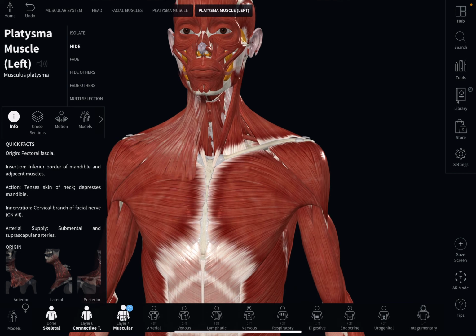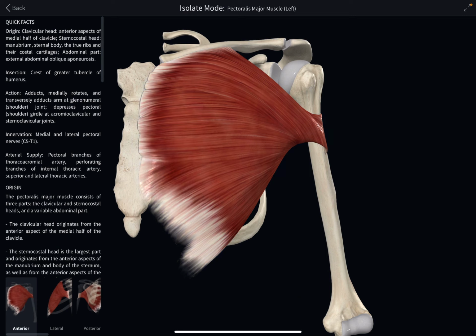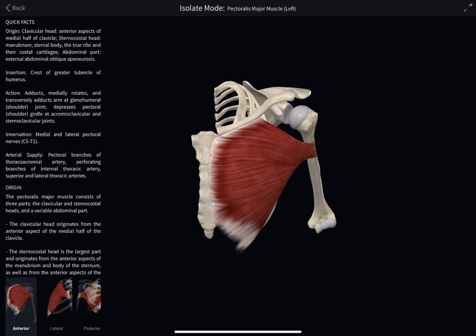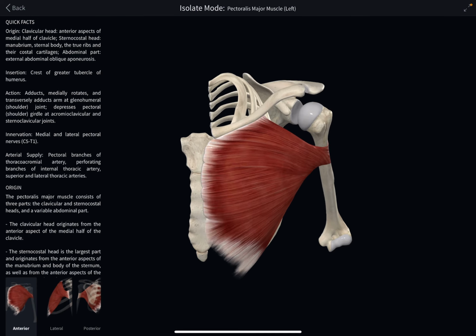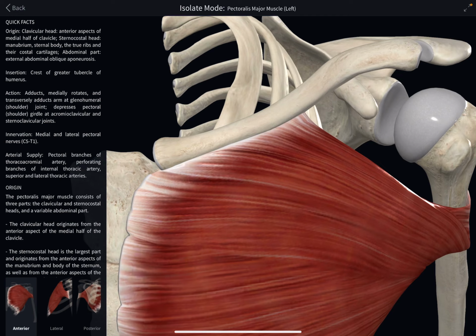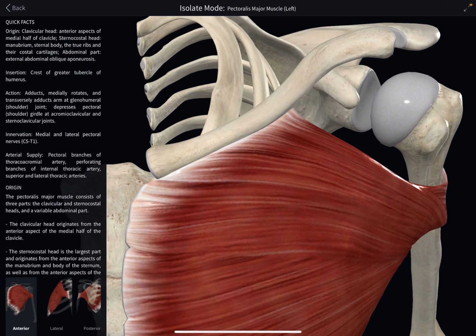Now we can see in the chest region, this highlighted muscle is the pectoralis major muscle. If you look at the origin of the pectoralis major, you can see that the muscle takes origin from the clavicle. Which part of the clavicle? It takes origin from the anterior surface of the medial half of the medial two-third.